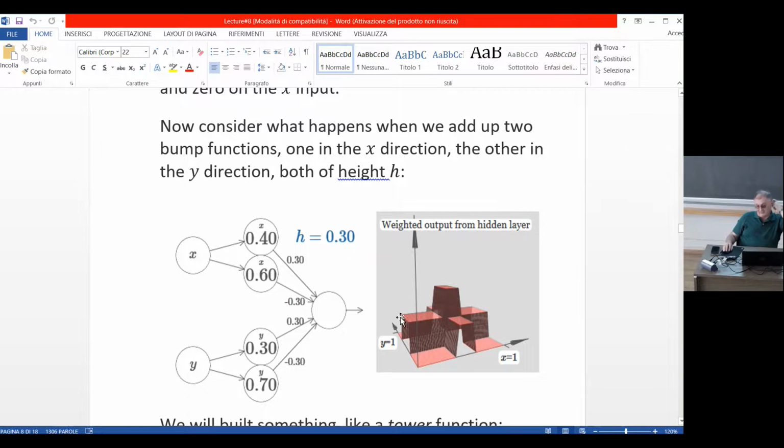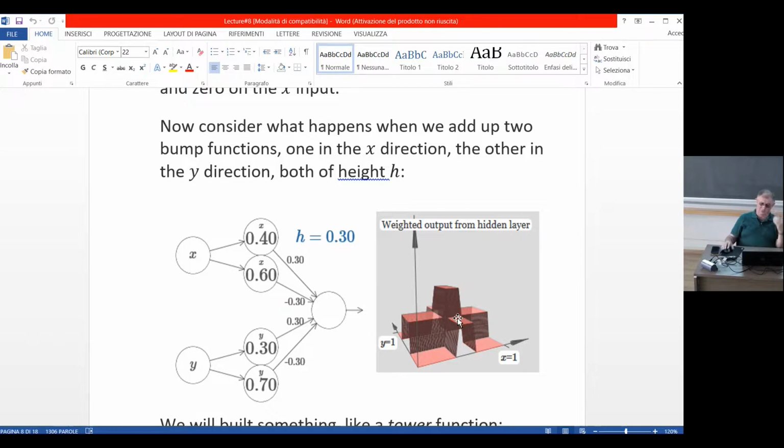So we have such a function, you see? We have this cross of two bump functions with the height 0.30, but at their intersection we have the height 0.60, the double, because it's one and the other.